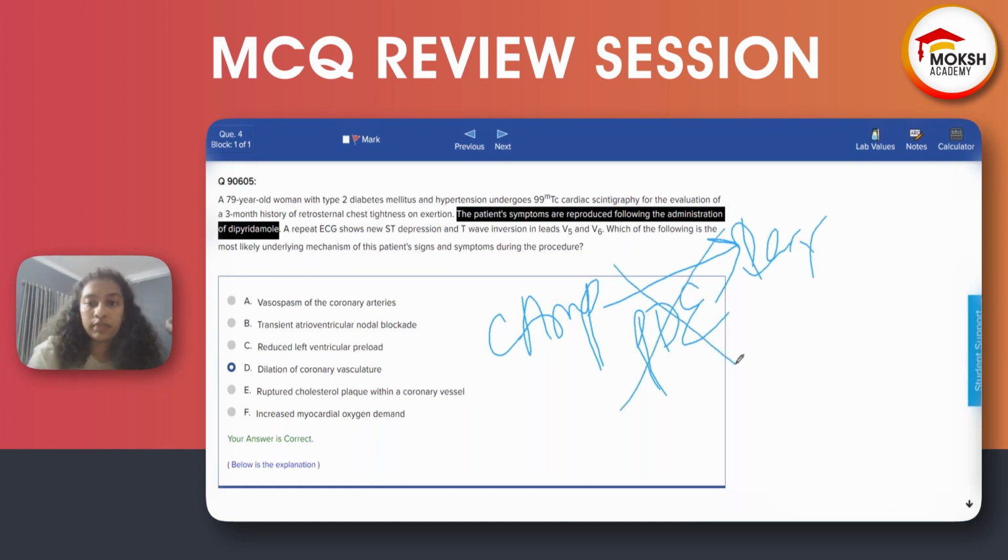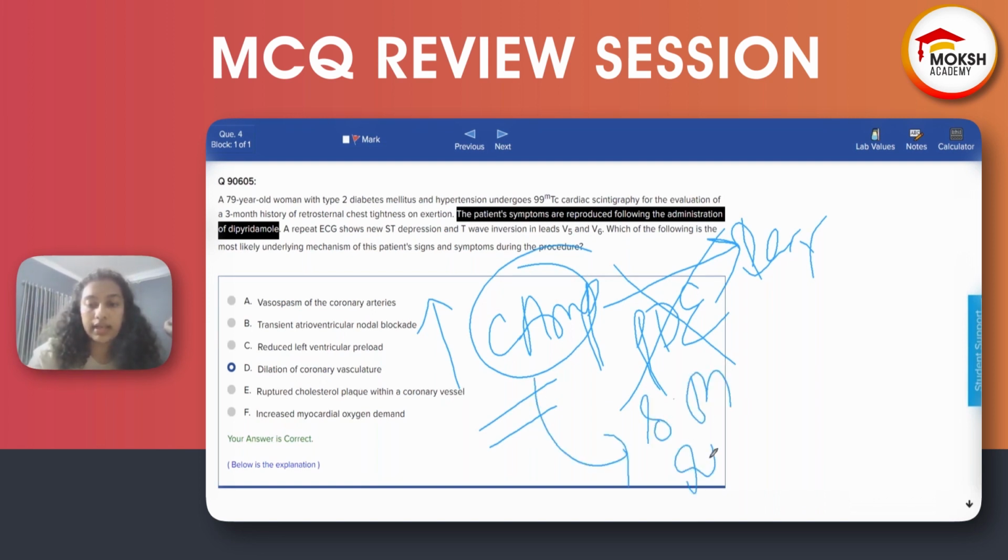Now, if you inhibit this, it will increase, right? Cyclic AMP, if increased, causes smooth muscle relaxation. This is why dipyridamole causes smooth muscle relaxation in the vessels. If it is relaxing, it causes vasodilation. This is how dipyridamole works.